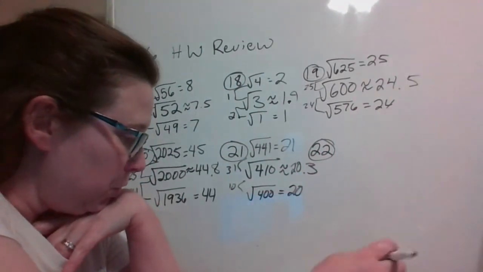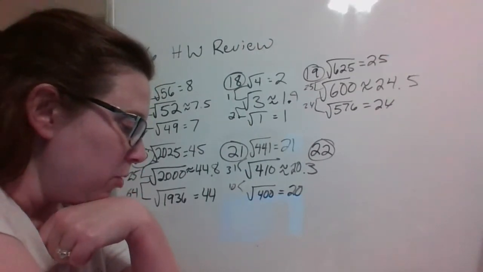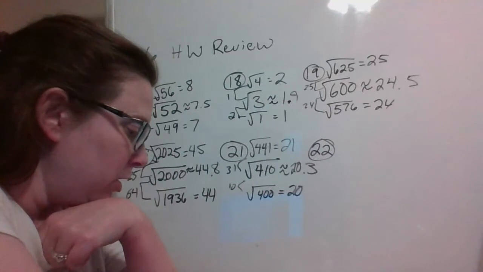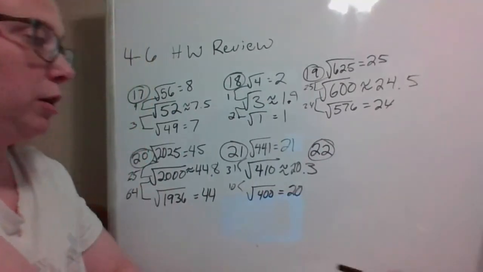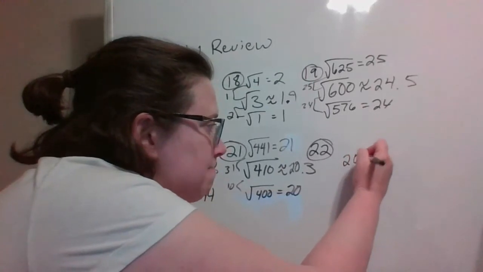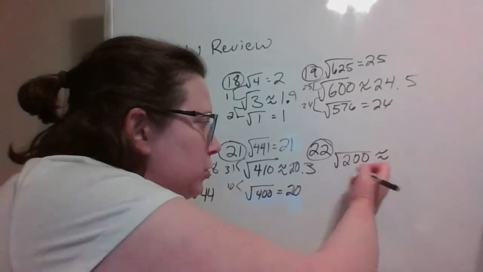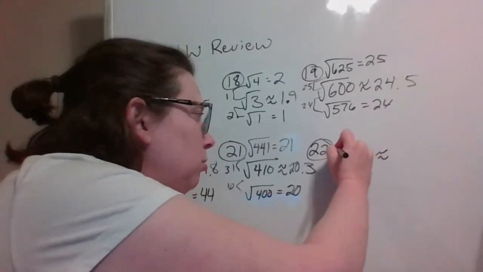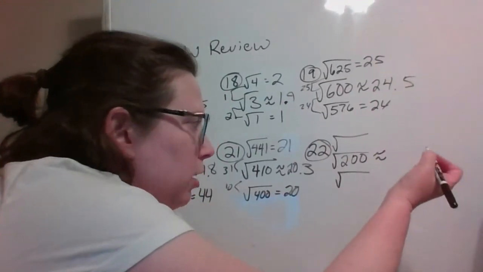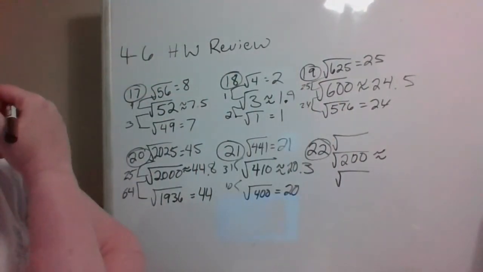Number 22, the area of a square field is 200. What is the approximate length of each side of the field? Round to the nearest foot. So we have the square root of 200, and we are looking for our perfect squares below and above. And let's see, do any of these have?